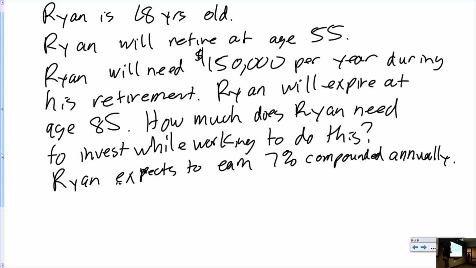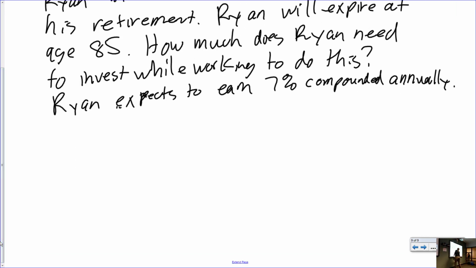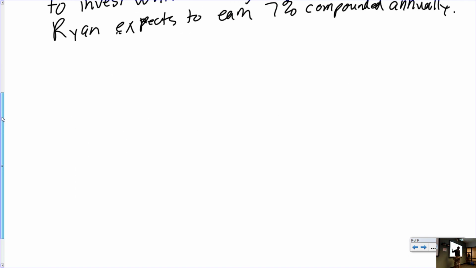So, folks, this is a 2-part problem, okay? The 2 parts that you have to get are, 1, how much money does he need to get his payments? And then 2, how much does he need to invest to get to that number, okay? Retirement is a 2-part problem.